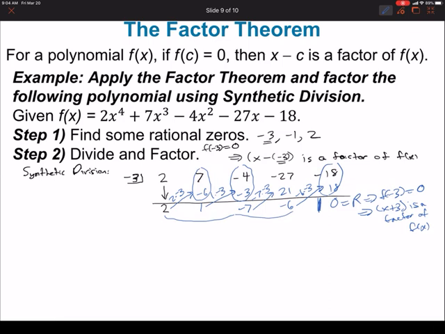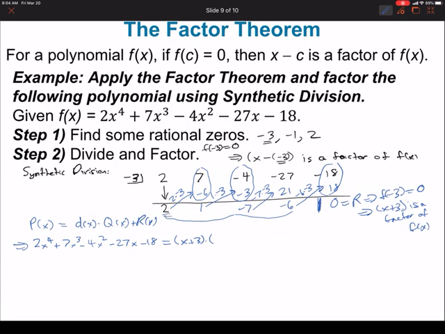Let's start creating the factorization. Remember our statement: dividend, p of x, equals our divisor times our quotient plus our remainder. In this problem, we've got this quartic degree 4 polynomial, 2x to the fourth plus 7x cubed minus 4x squared minus 27x minus 18, equal to our divisor, x plus 3, times our quotient. Here's our quotient, q of x.